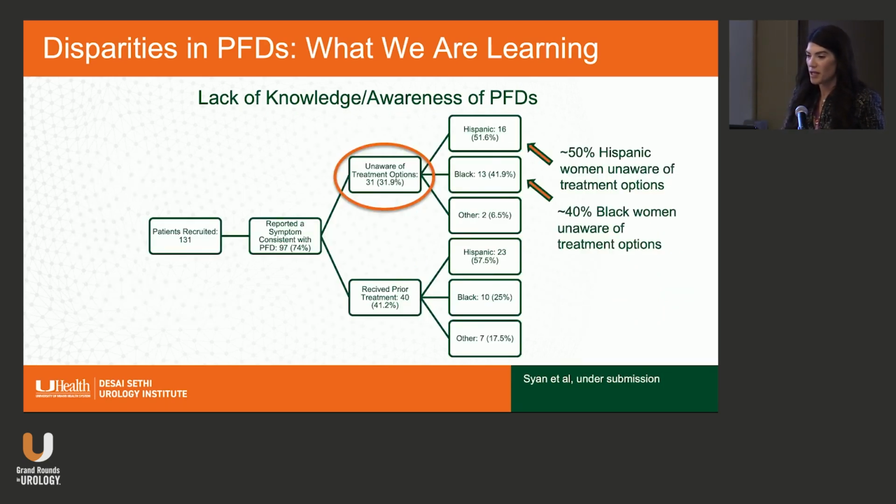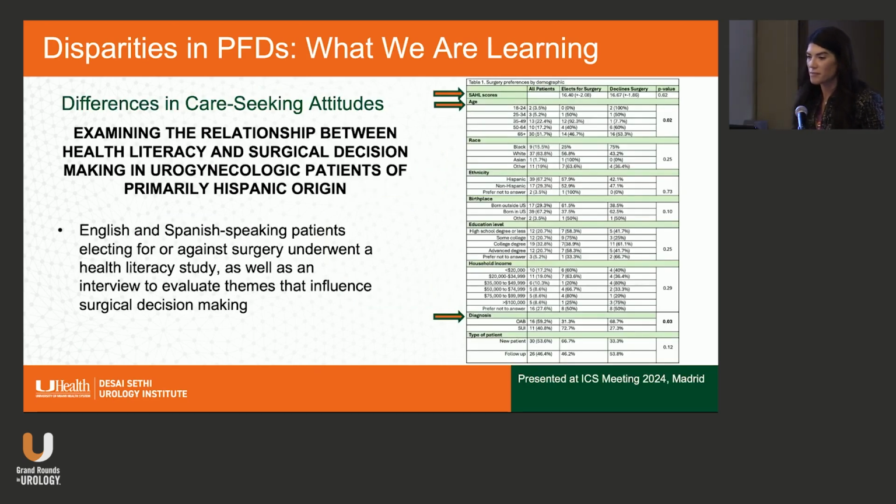In our group, we have a Hispanic predominant patient population in South Florida, in Miami-Dade County. We looked at patients that were unaware of treatment options, and 50% of Hispanic women were unaware, 40% of Black women were unaware, a significant difference in our patients.